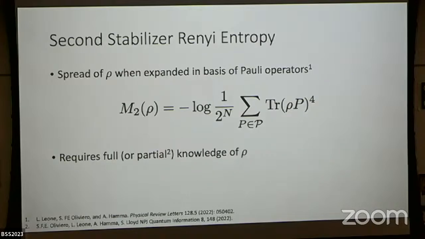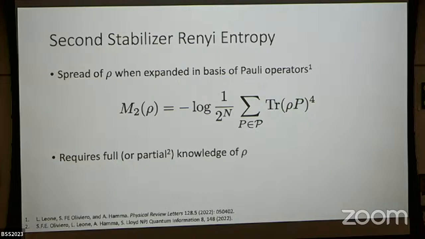Okay. So the quantitative way to describe this is using the second stabilizer Rényi entropy. This defines the spread of rho when expanded into this basis of Pauli operators. It's written like this: inside, we have a sum over all of the possible Pauli strings, and then we have the 4th moment of the trace, where you take the Pauli string and the density matrix.